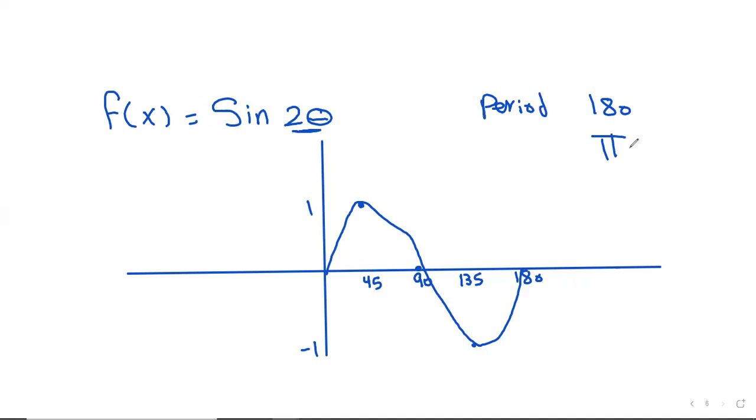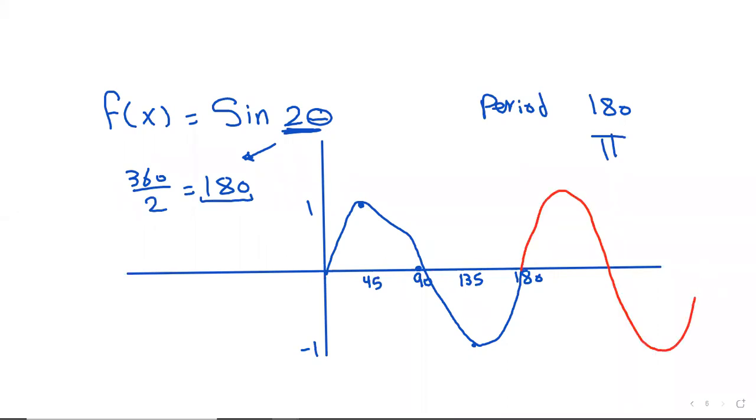Why pi, not 2 pi? Because we have 2 multiplied by sine. And to find it quickly, 360 divided by 2 equals what? 180. This is the period of the function. And after that, you will find the curve is going to follow the same behavior.